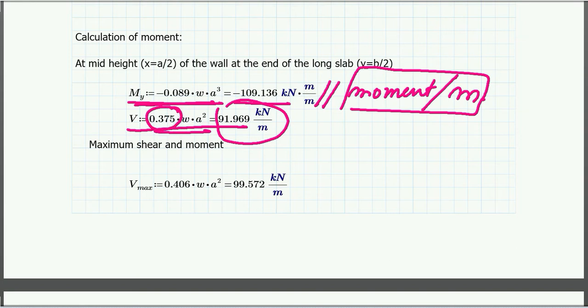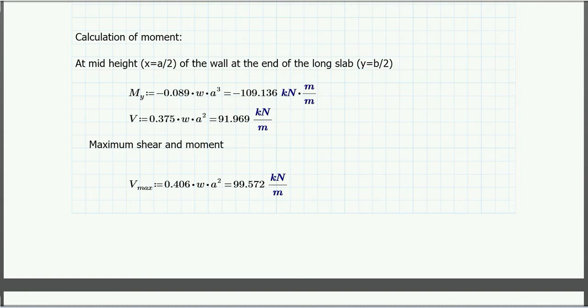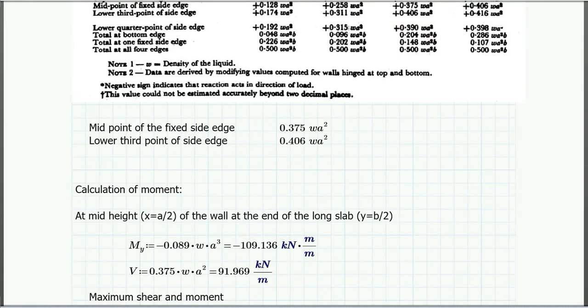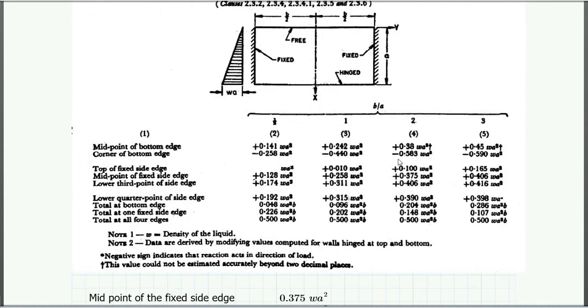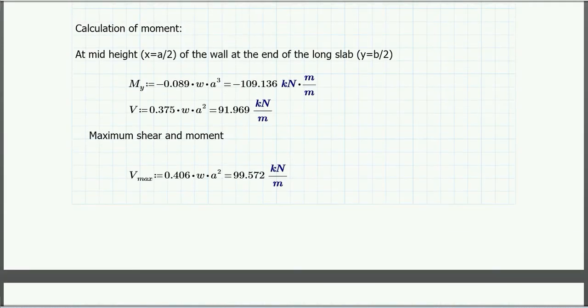This 0.375 value you can find out from the shear force table. Here b by a is equal to 2, and for the mid height it is 0.375. So 0.375 W a square will give you 91.969 kilonewton per meter, because all the moments and shear forces are per unit meter.